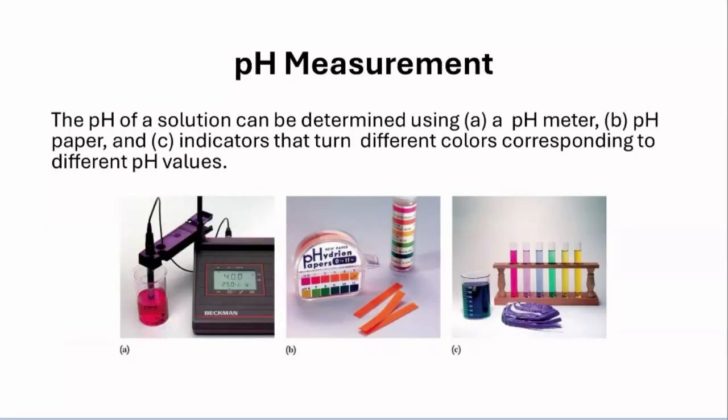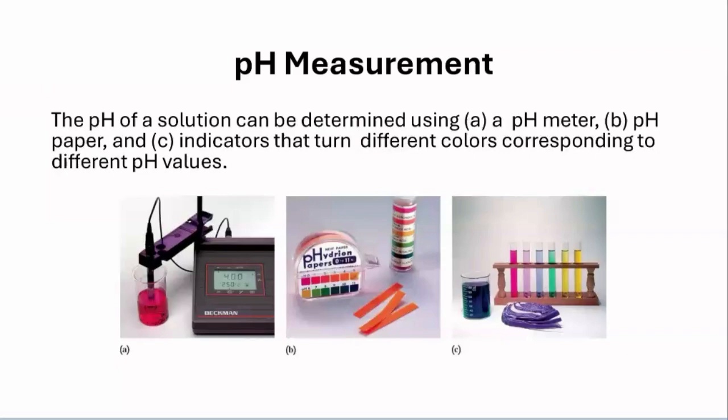Another way that we can detect the pH of a substance is by using pH paper. pH paper is similar to litmus paper in the sense that it's going to change color, but pH paper actually has more of a scale that can be attached to digits within the pH unit.